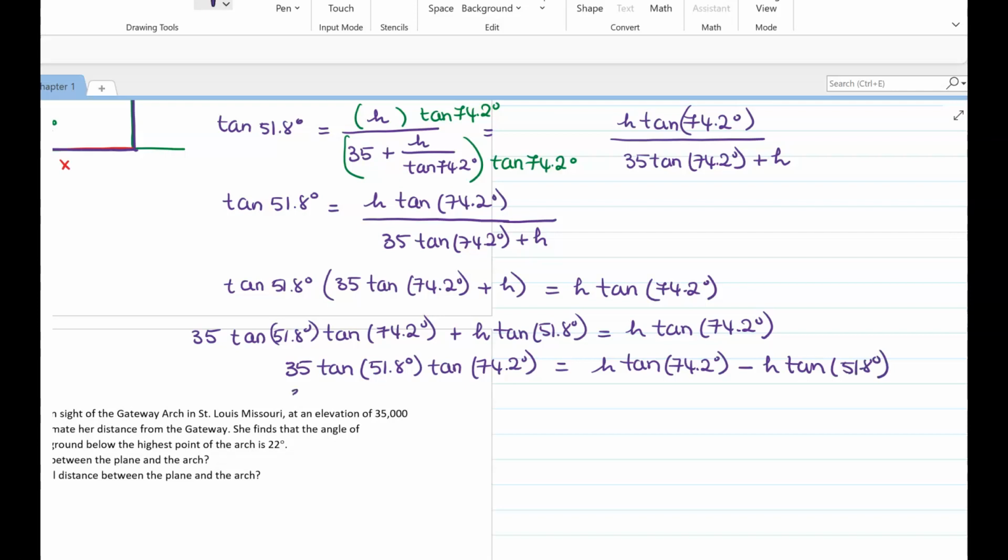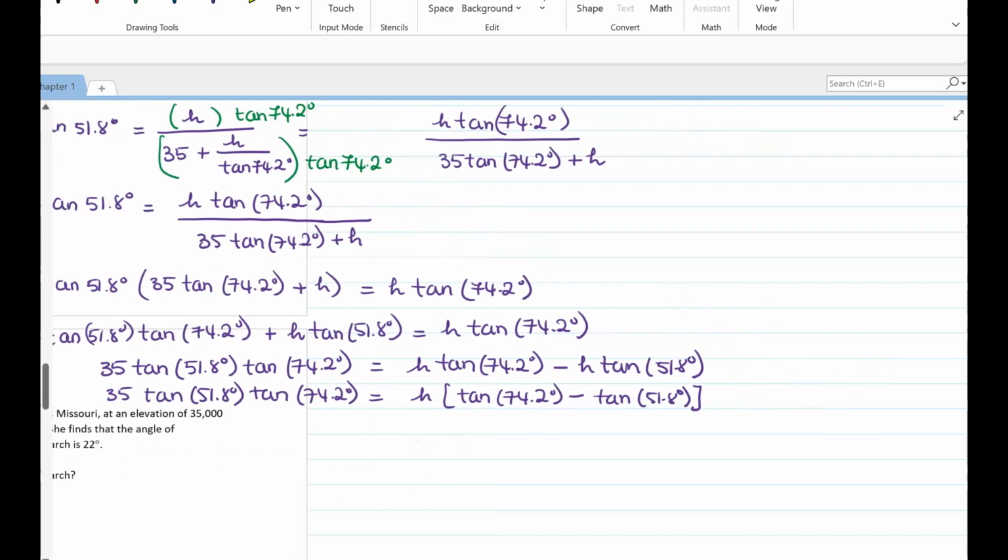Factor out h. And we'll divide both sides.